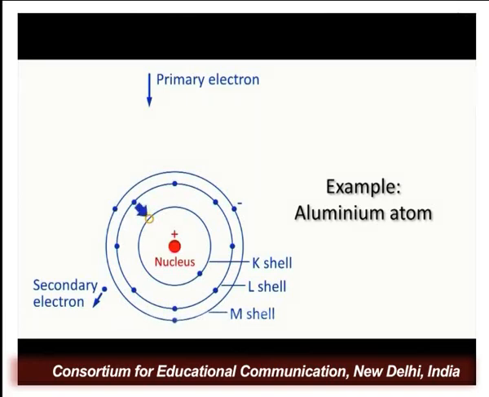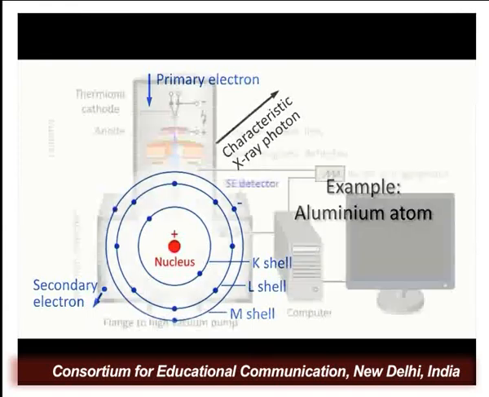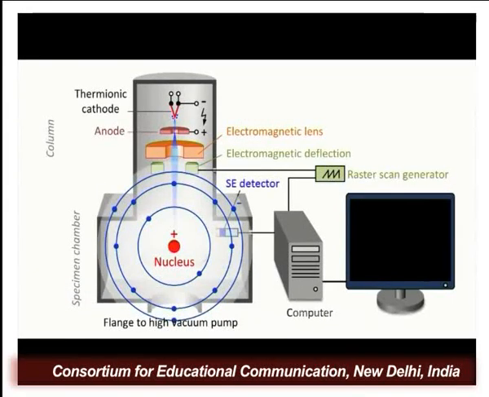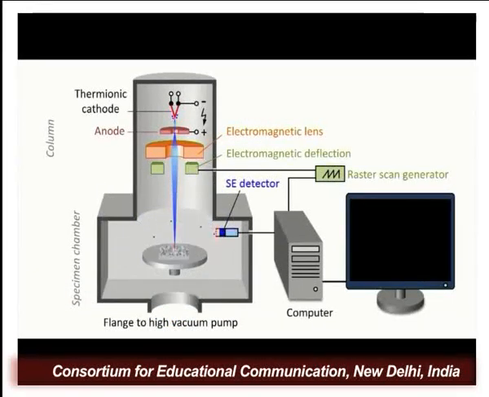Now we see that this electron will also produce characteristic X-ray photons, and it will also eject backscattered electrons, and when this primary electron falls upon an inner shell, then we can also get Auger electrons.